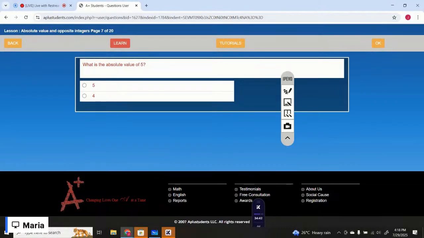What is the absolute value of 5? That is 5. Option number 1 is the correct option.